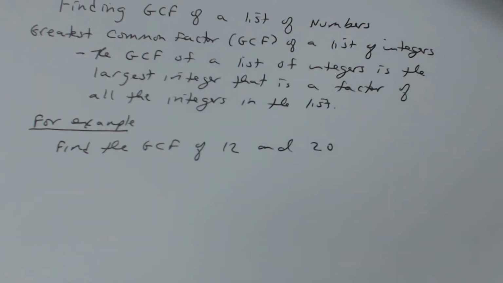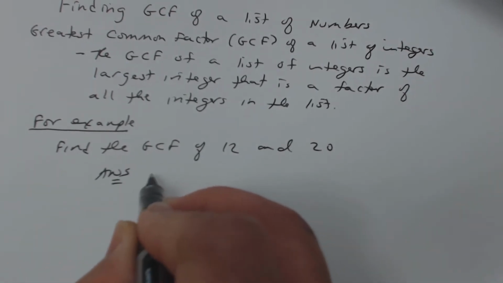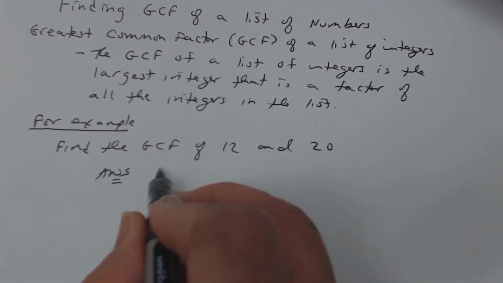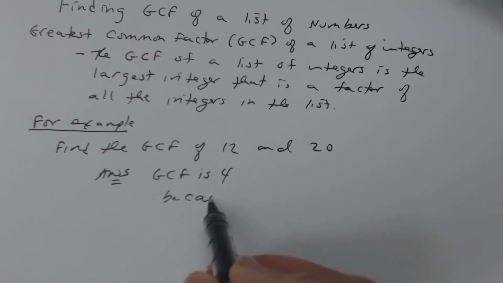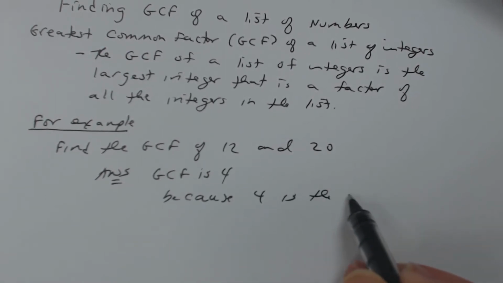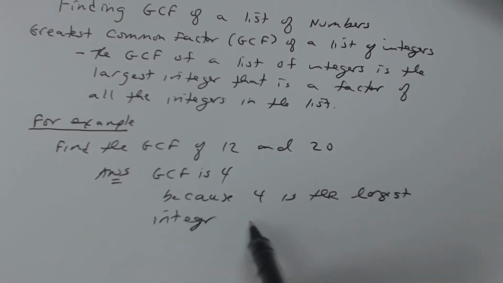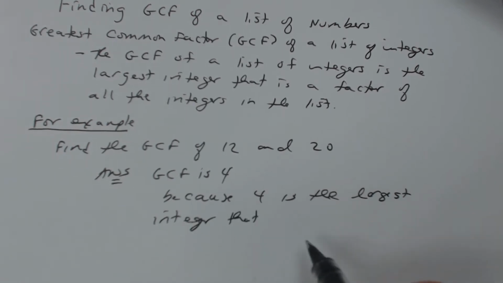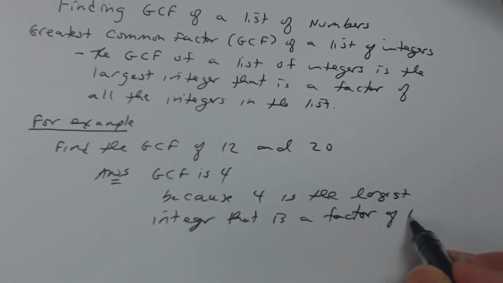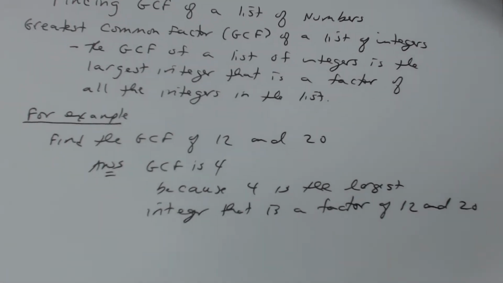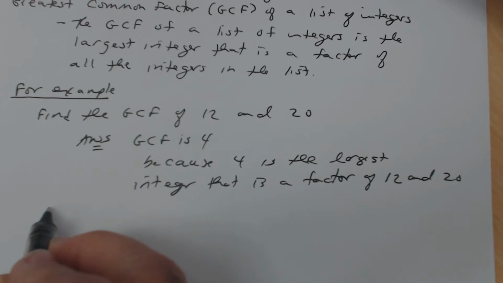It turns out that the answer is 4, because 4 is the largest integer that is a factor of 12 and 20.